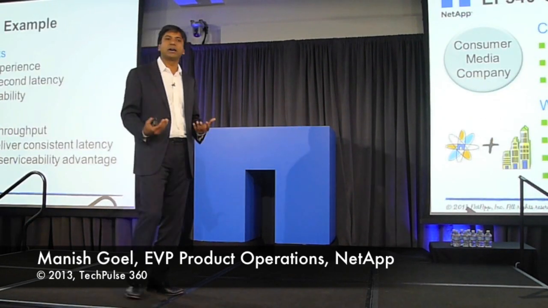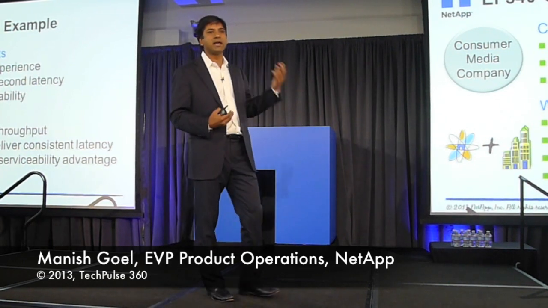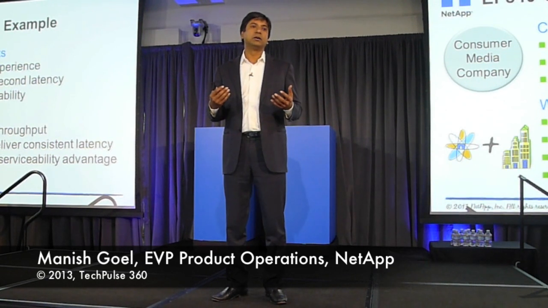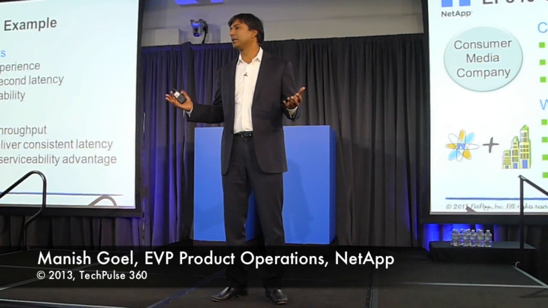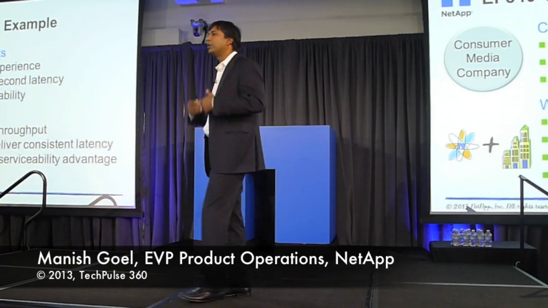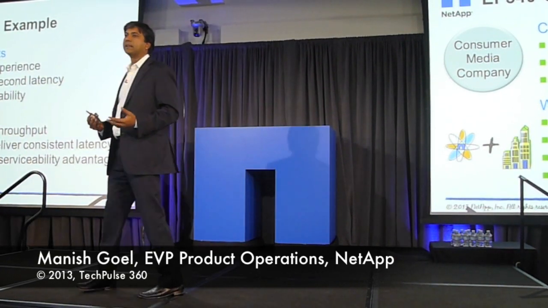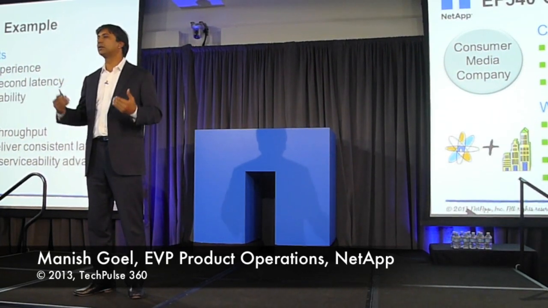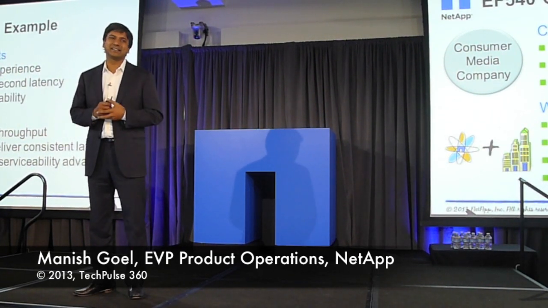Customers who are already using this product include a big consumer media company which did a bake-off. All the usual suspects were there in the bake-off, all the people that you read about or write about, and we won the deal. The reason we won the deal is because we were the only ones who could deliver low latency consistently.